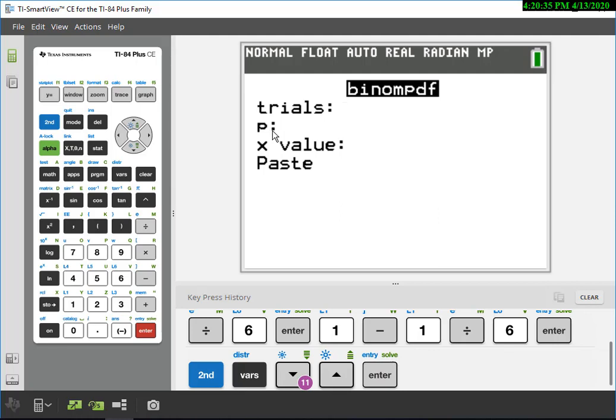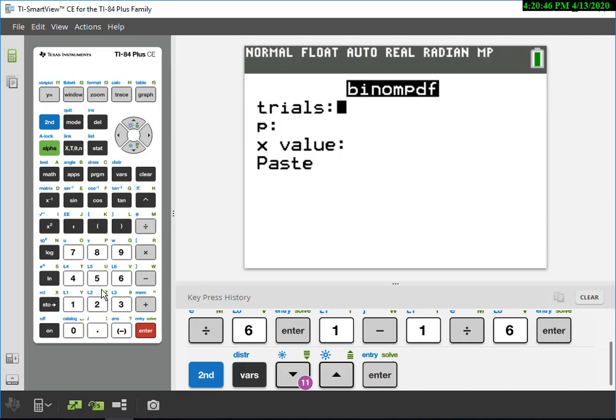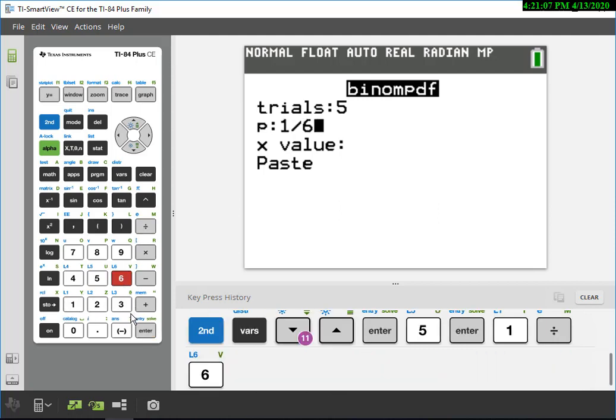For instance, if you were looking for the probability respective to the failure, then you would make the P the failure value, and the other way around. But let's say that we're going to roll a die 5 times. Now the probability of success, if I roll a die and one of my values between 1 and 6 shows up, it's pretty intuitive that it's 1 out of 6.